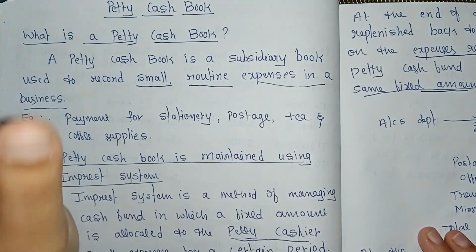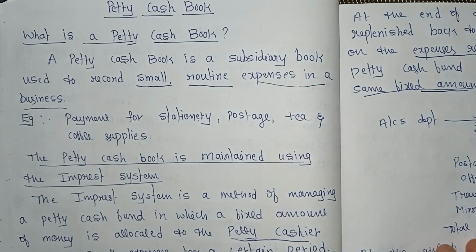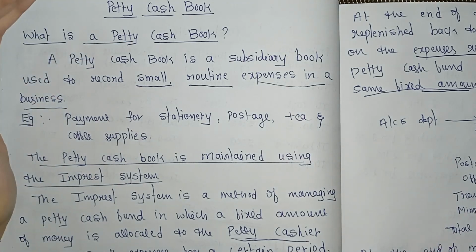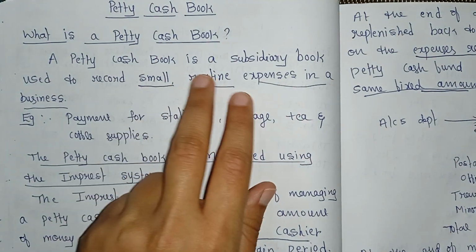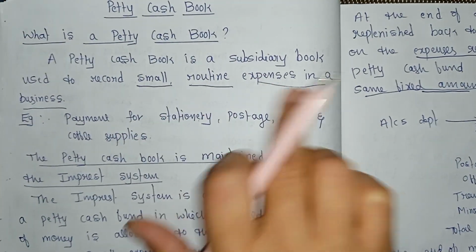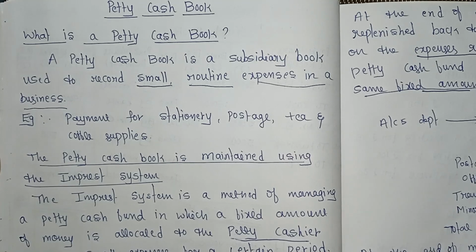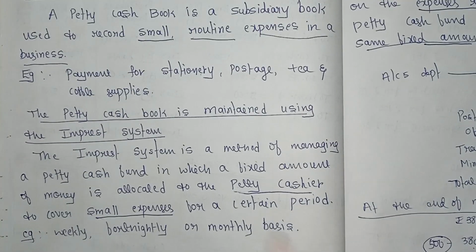If we maintain the petty cash book, we need not again record the transactions of small and routine expenses in the journal. So, petty cash book is a subsidiary book used to record small and routine expenses in a business. For example, payment for stationery, postage, tea and coffee supplies, or travel expenses. Now we will see the petty cash book.